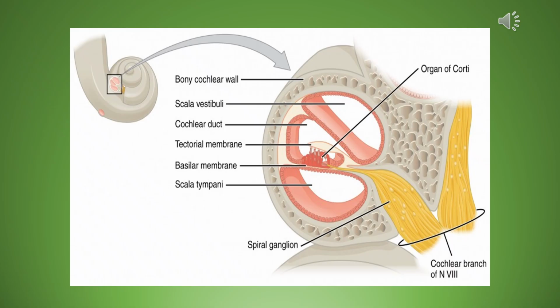That will cause the cilia to bend. When the cilia of those hair cells are bent, potassium channels are opened in those cells. That's where the action potential that we call hearing begins.